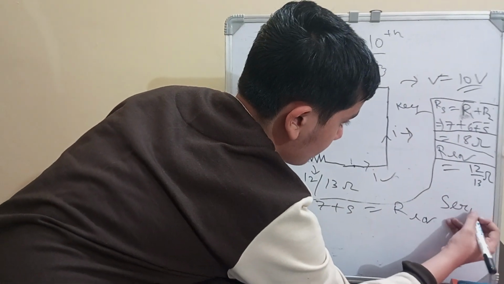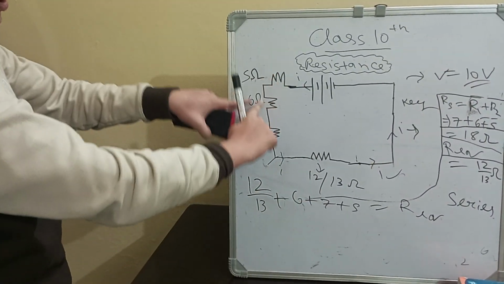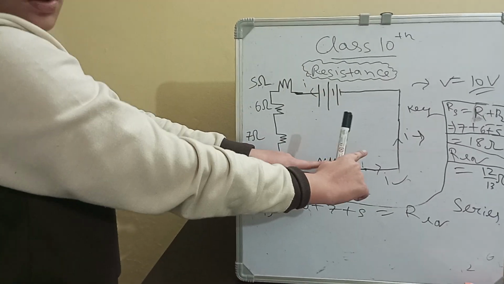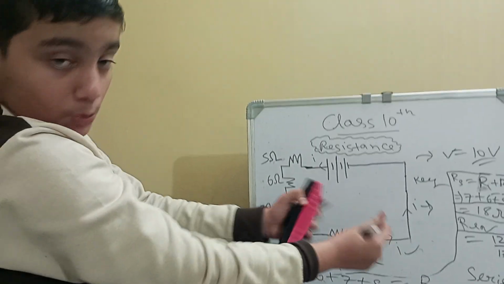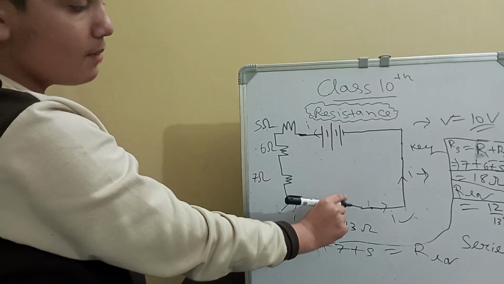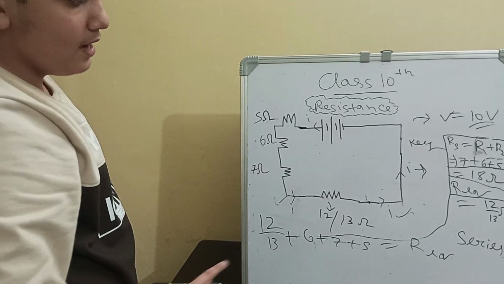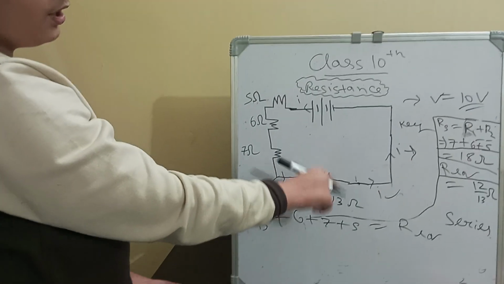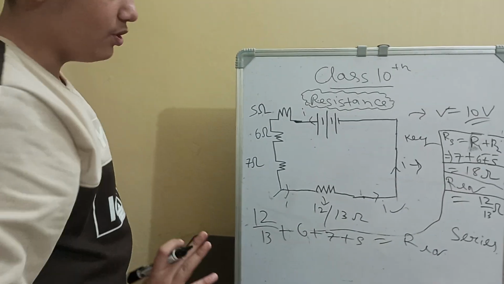Why? Because look, all are in series now. How did they come to series? There were some parallel setups. We merged them into one single resistance, and its value was equal to the equivalent resistance of those parallel combinations.